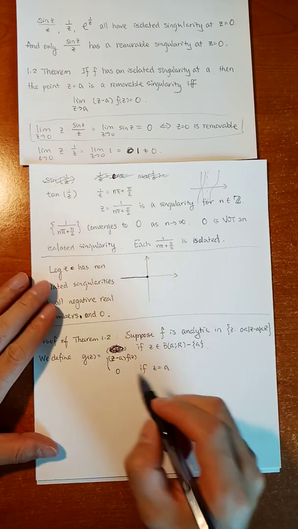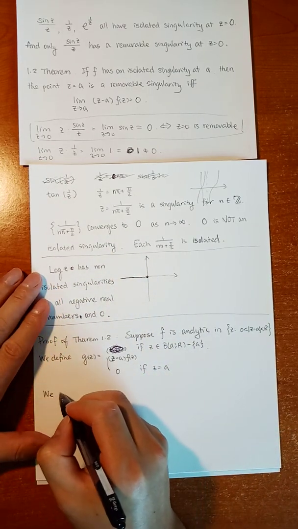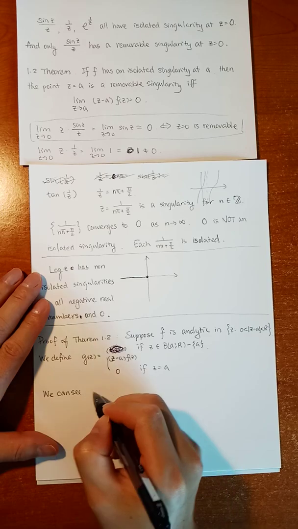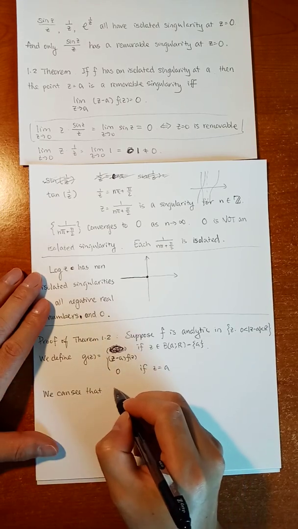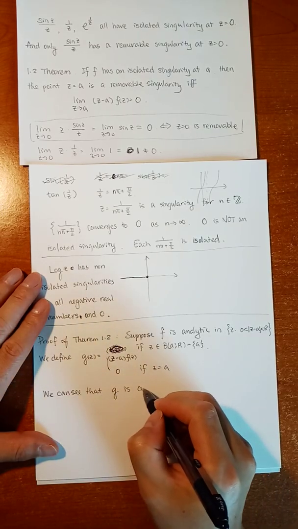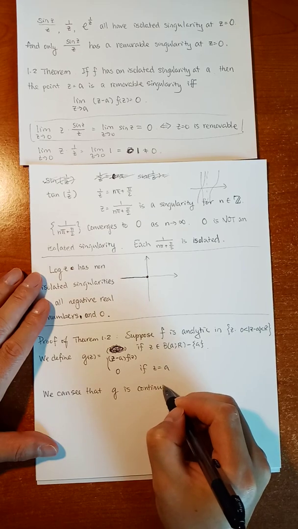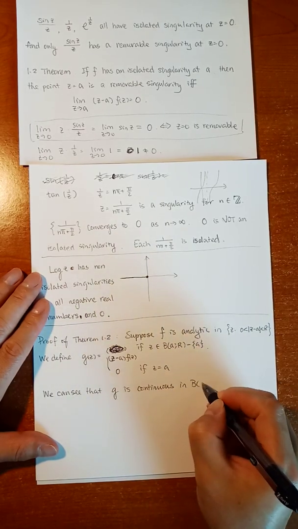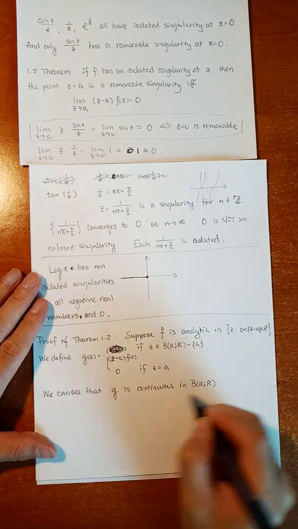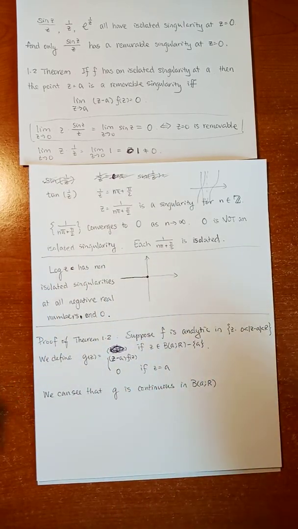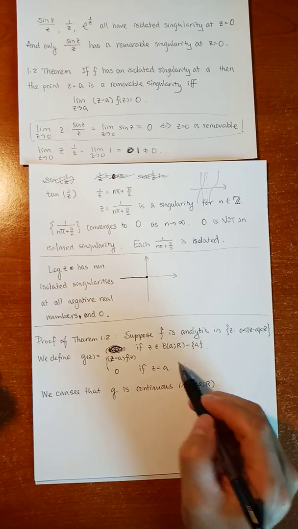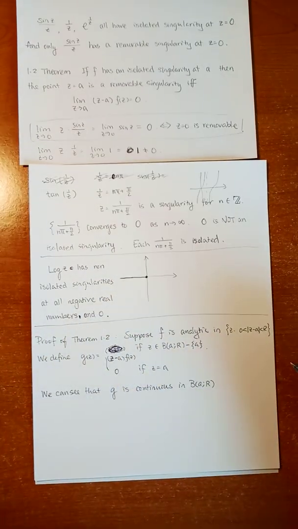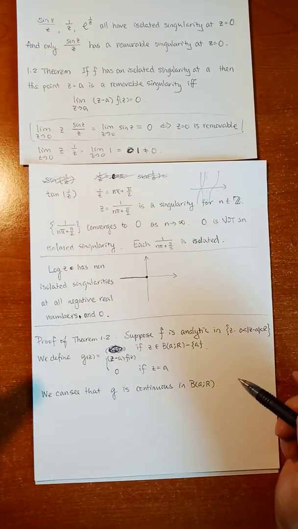Okay. Then from here we can see that g is continuous in this open disk, because the limit when z approaches a is 0, so it's continuous, at least.